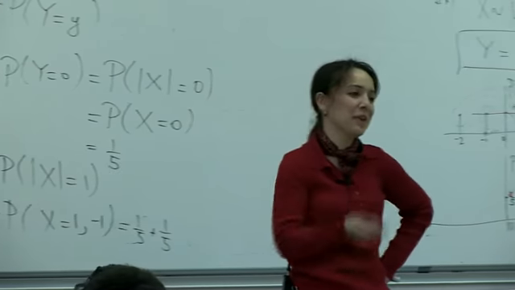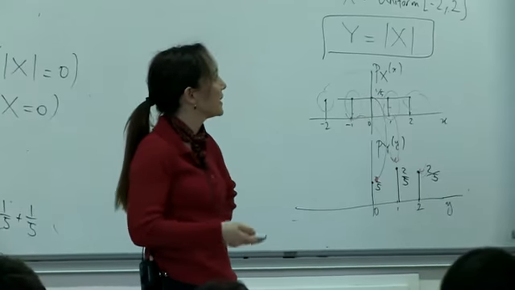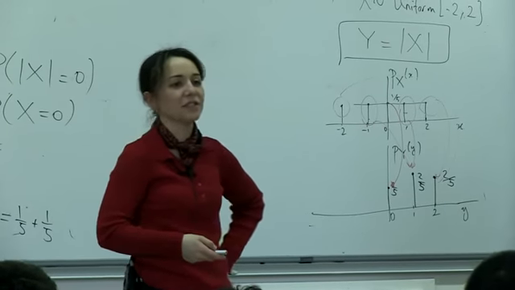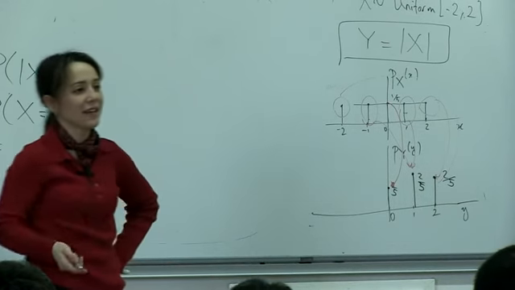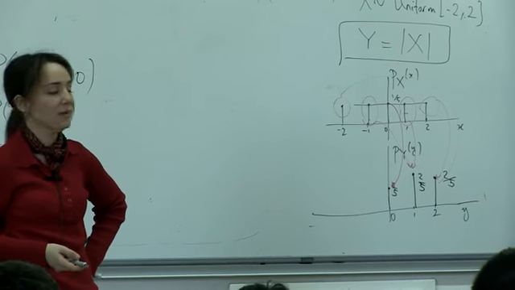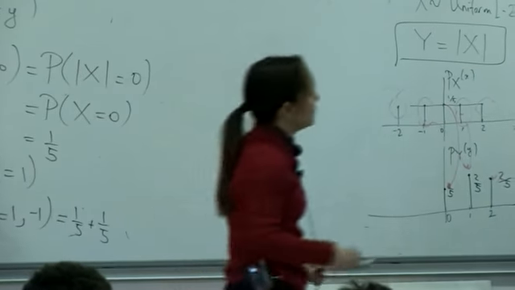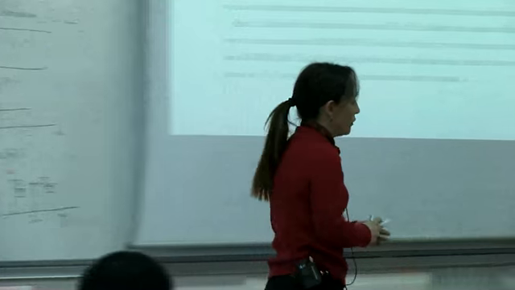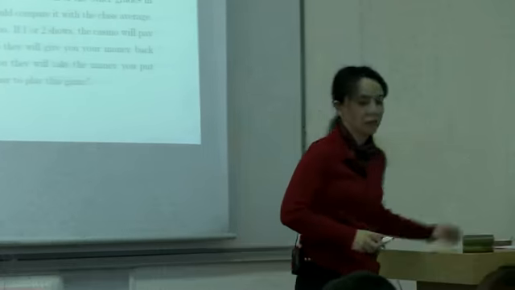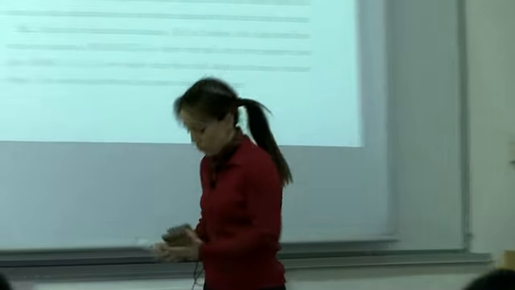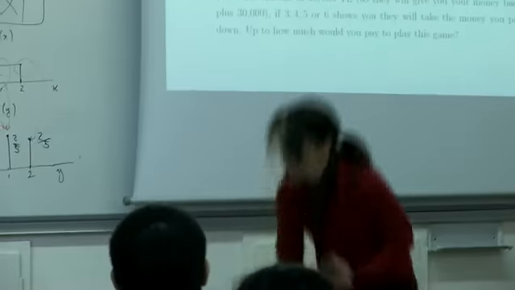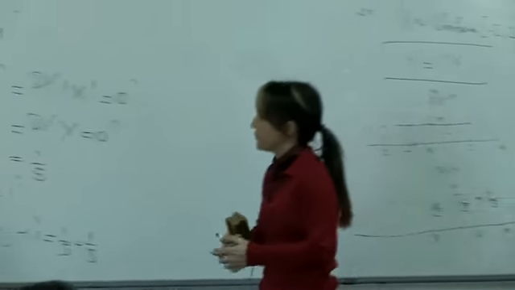So maybe we need to define that. It may not be a standard definition. Let's take that as 1 also. Okay? So it maps all values between -3 to 3 to just two values, 0 and 1.